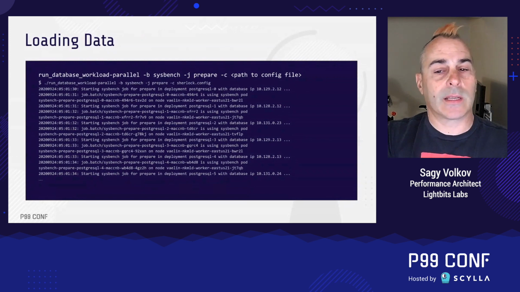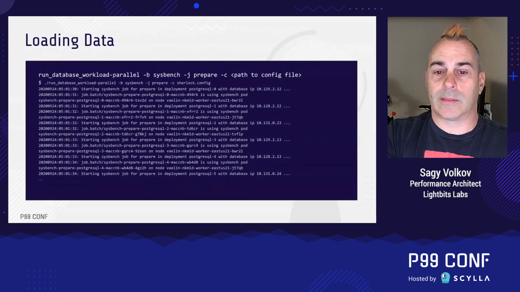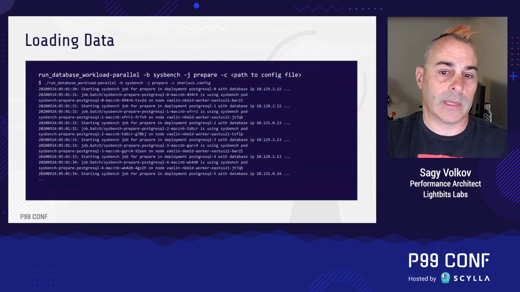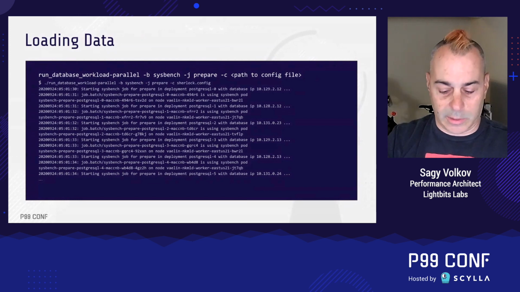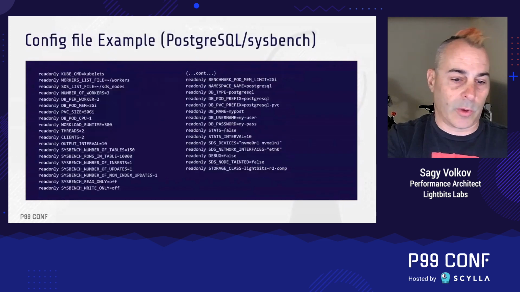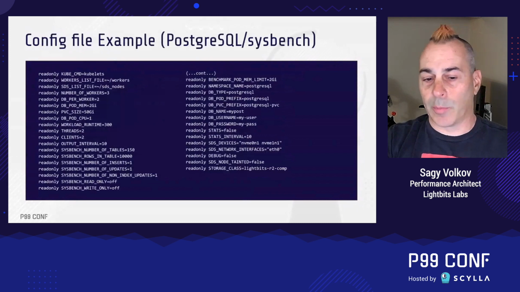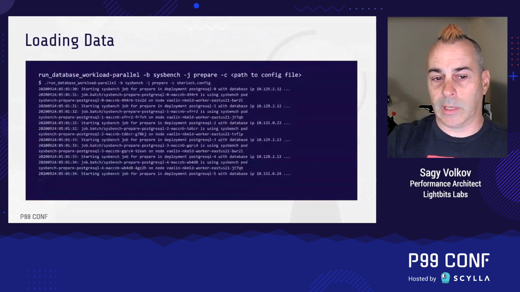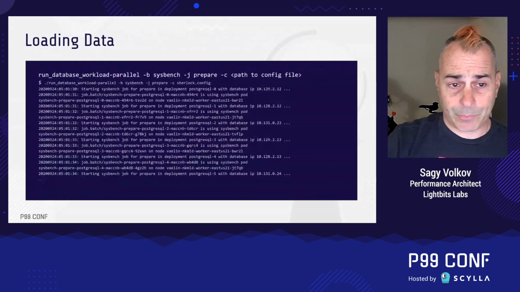But that is basically how you load the data in. In this case, the example is for running sysbench. So it will load the number of tables that we saw here, tables per database, how many rows, and all these kinds of things. That's the loading data section.